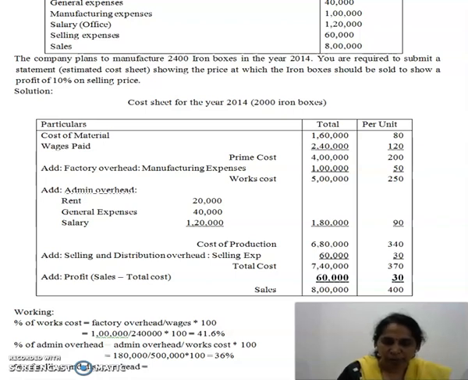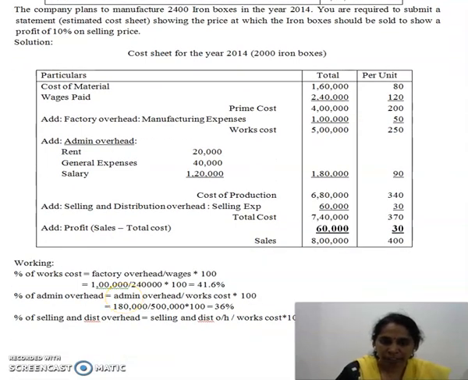The formula is selling and distribution overhead divided by works cost into 100. So selling and distribution overheads are 60,000 divided by 5 lakhs into 100. The percentage is 12%.